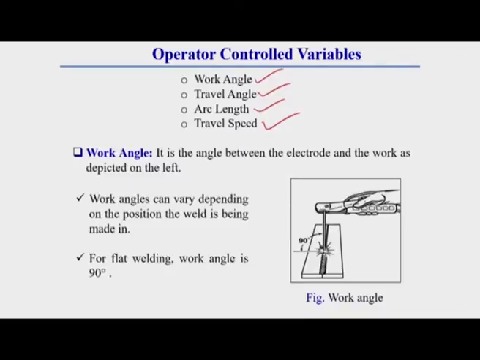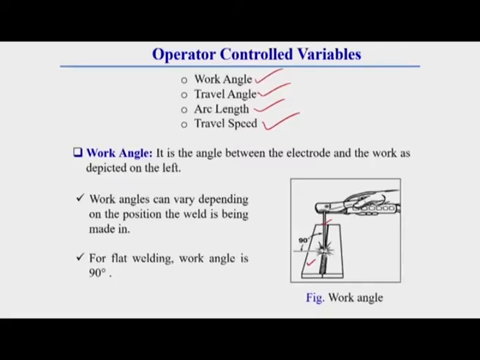I will just discuss these subsequently and tell what each is in detail. First of all, work angle. Here you see, work angle is the angle between the electrode and the work, depicted on the left. For different types of position welding, this angle is different.